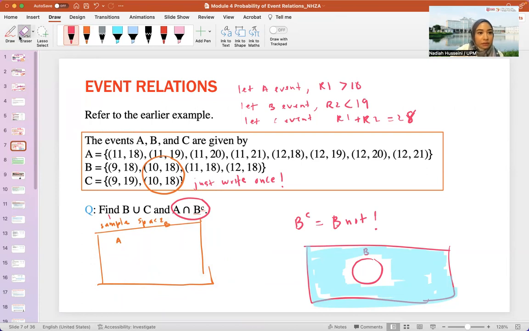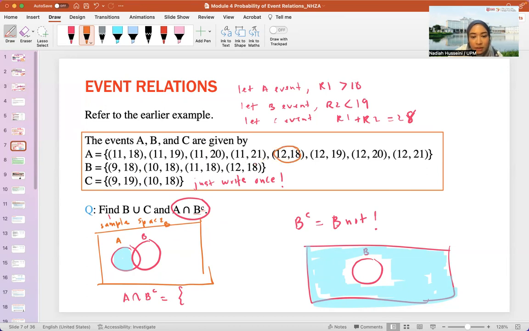Okay, let me redo this. Okay, this is B, and this is just this guy. So what should be in this circle? Let me write that down. So A intersect with B complement should be whatever is not overlapping with B. So let's see, what are the common outcomes that we can see over here?